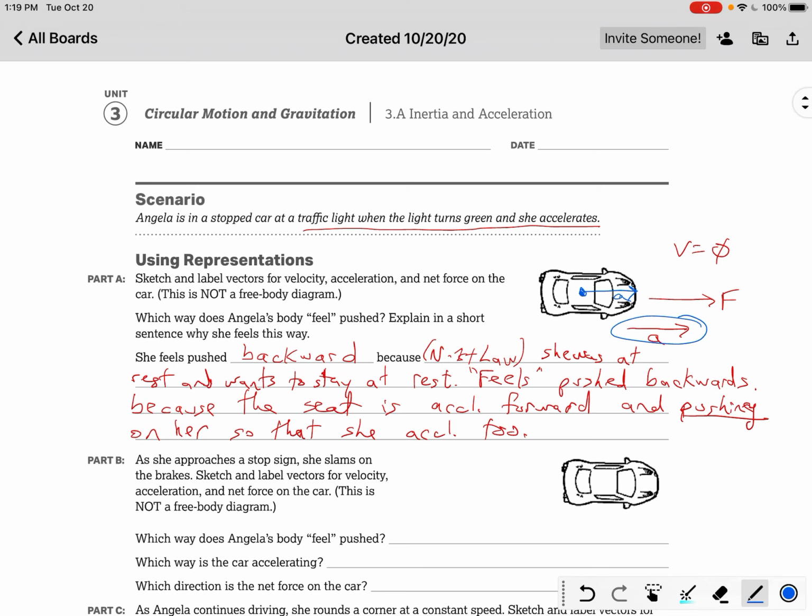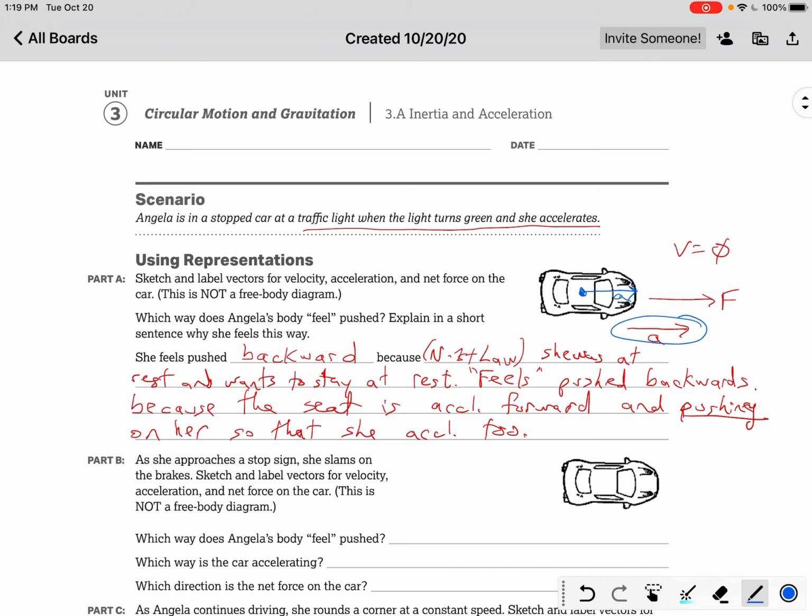Her concept of backwards is backwards because she is in what she would describe as a non-inertial reference system. The inside of her car is accelerating, but her brain is perceiving it to be constant velocity or no velocity.